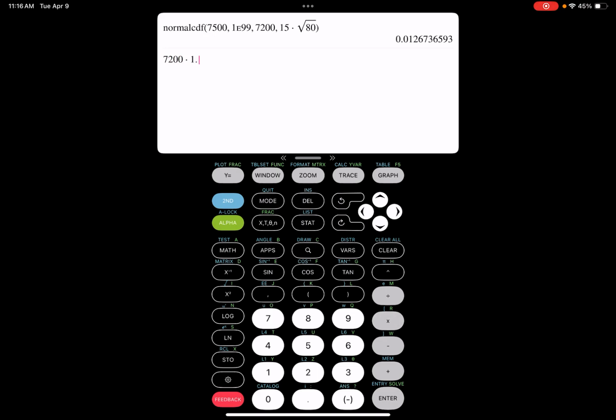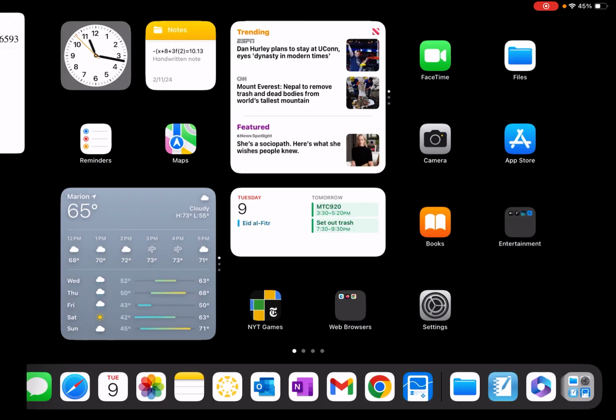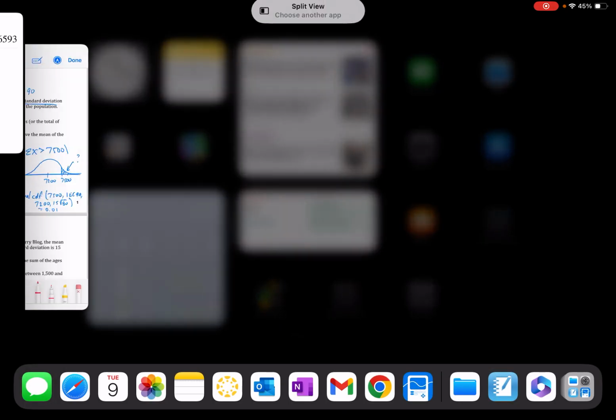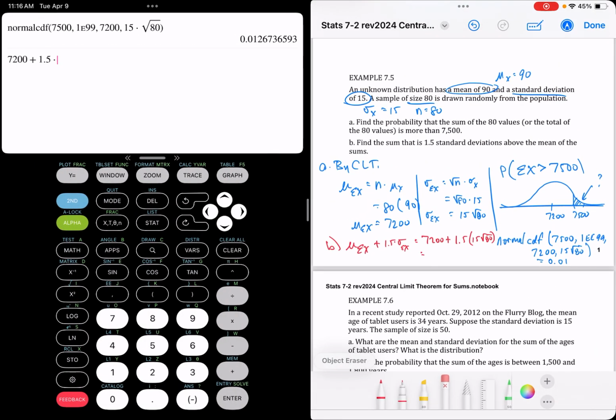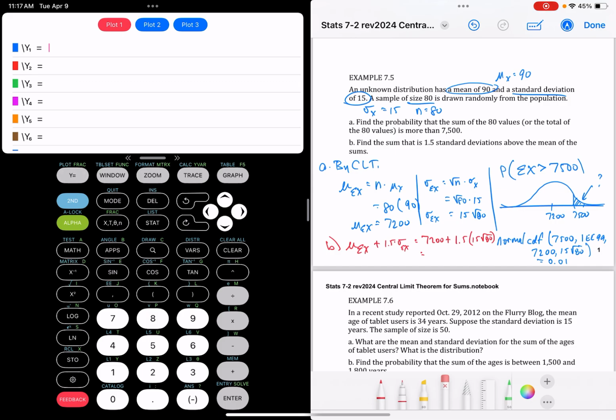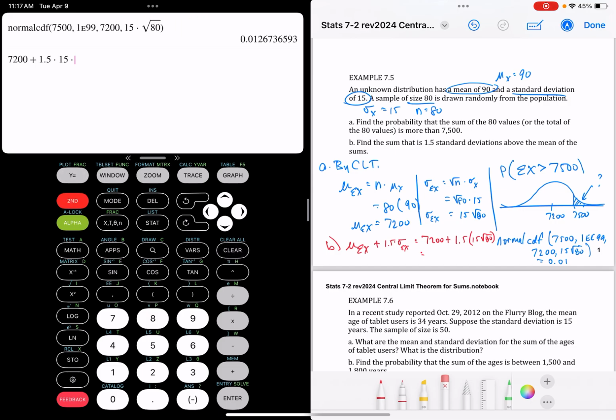7,200 plus 1.5 times 15 times square root, wrong button again, times square root 80.